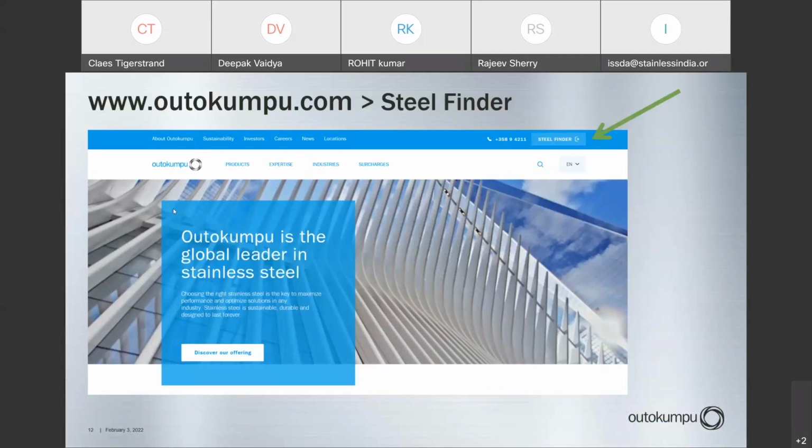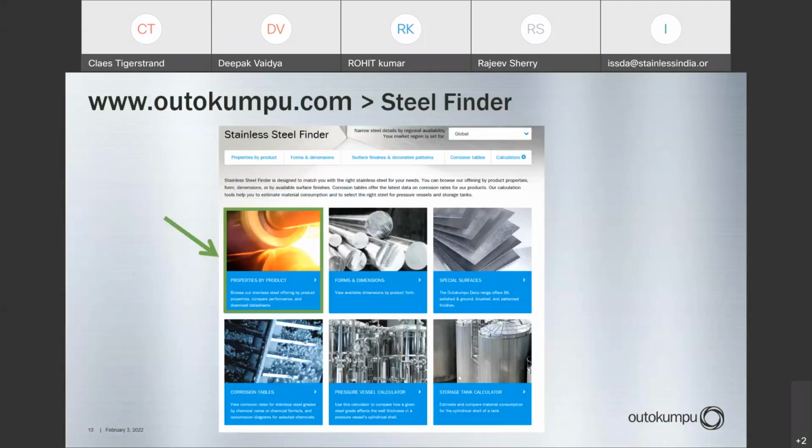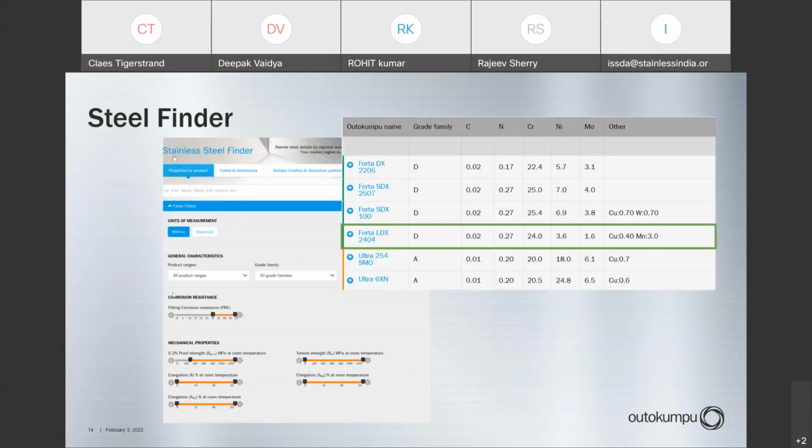If you click that one, you will enter where you can look more into material selection, properties by products, and if we first click that one, we can find this Steel Finder tool. I briefly showed that in an earlier session, but basically you can filter there.